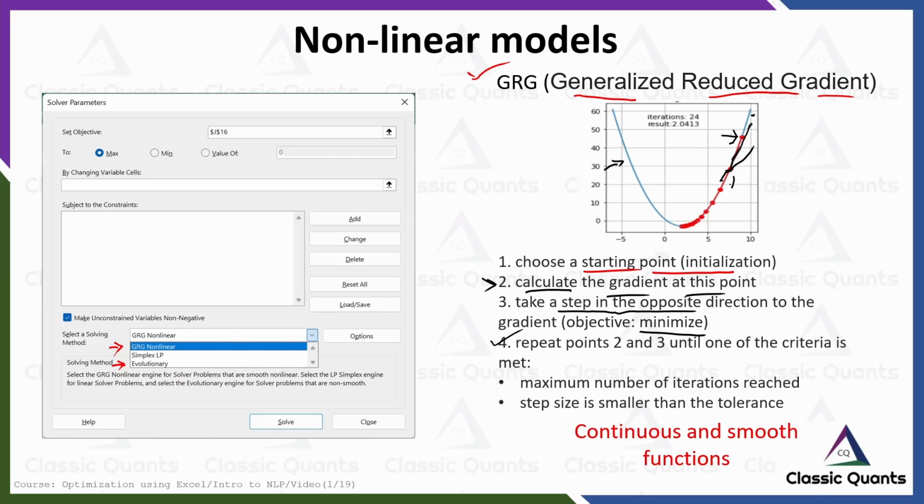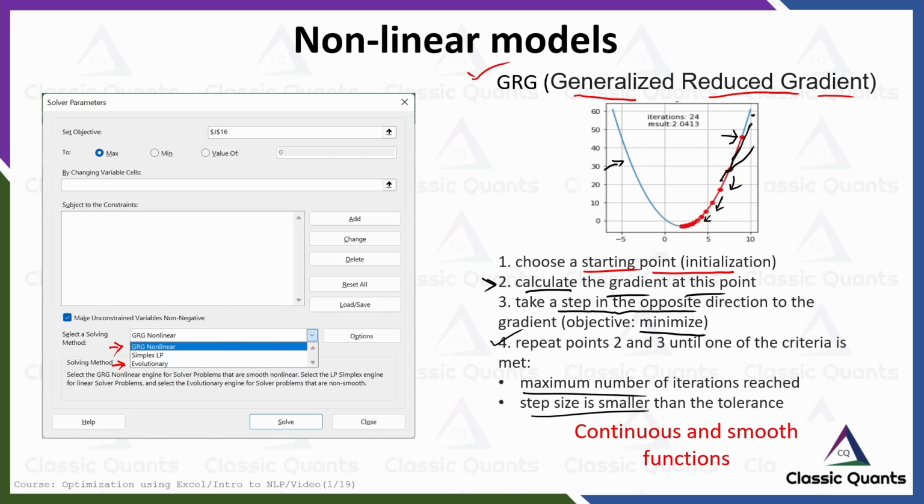It will come downwards, then further downwards, and then it will stop at a point when the maximum number of iterations has already been performed, and your step size is smaller than the tolerance. If that condition is achieved, then the solver stops there.